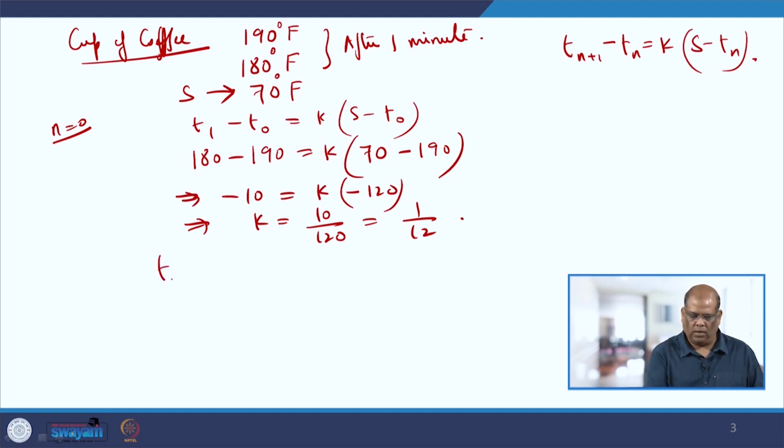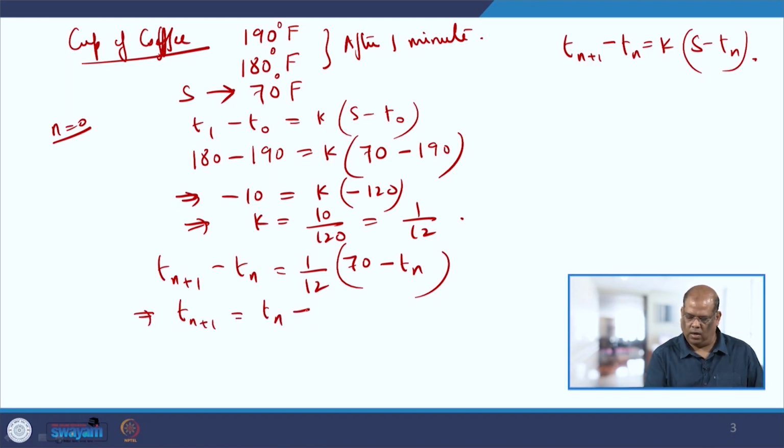So, you can substitute it here: Tn plus 1 minus Tn is equal to 1 by 12 times 70 minus Tn. If I multiply, Tn plus 1 equal to Tn minus Tn by 12 plus 70 by 12.